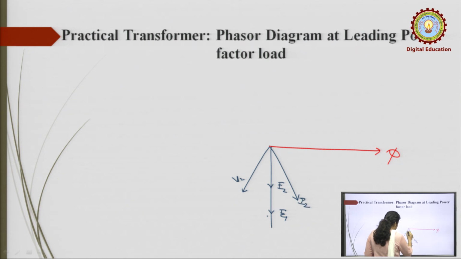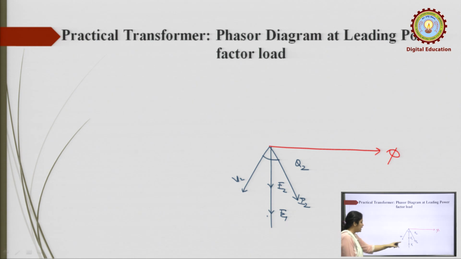Because it is capacitive, the current is leading the voltage by the angle theta 2. So, the power factor angle is theta 2. In this case the current is leading the voltage, which means the load is capacitive in nature.